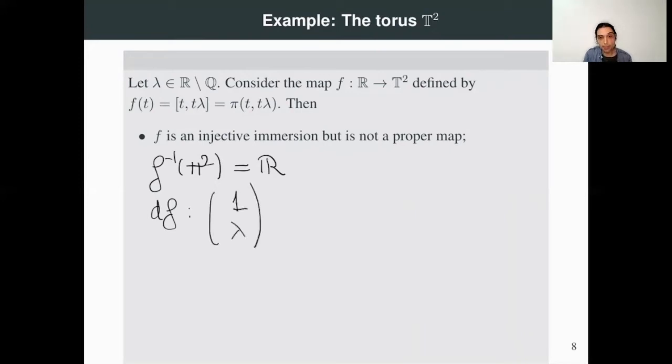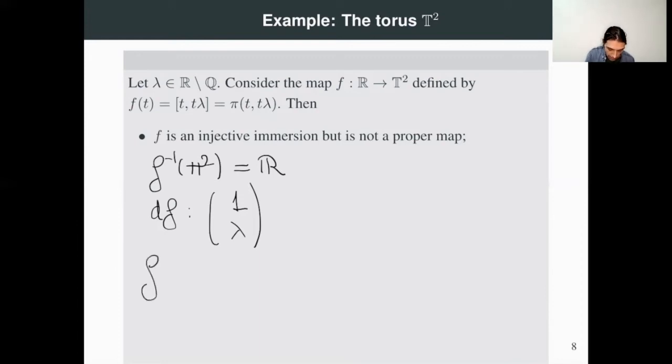And this map is always injective. It has always maximal rank. So we are in a situation in which F is an immersion. Besides that, it is also injective. That's where we're going to use that lambda is an irrational number.